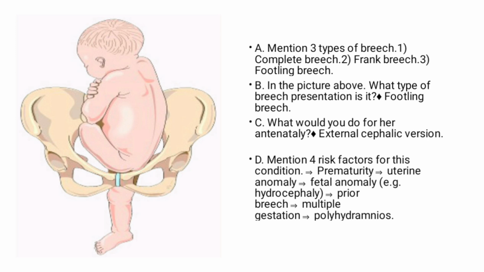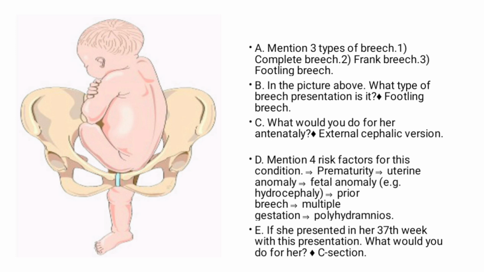Then for risk factors, we can have prematurity, uterine anomalies such as septate uterus, fetal anomalies such as hydrocephalus and anencephaly, multiple gestation, and polyhydramnios. Then if she presented at the 37th week with this presentation, what do we do for her? Then just do a CS.